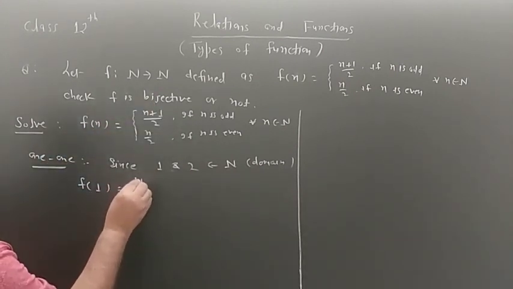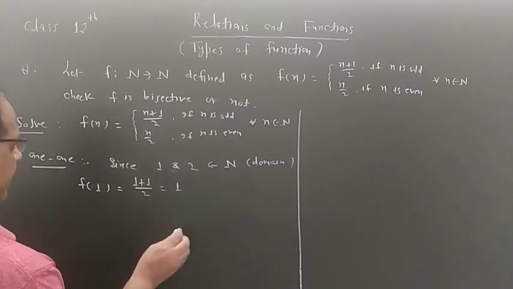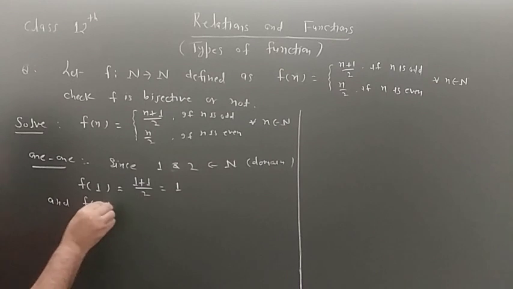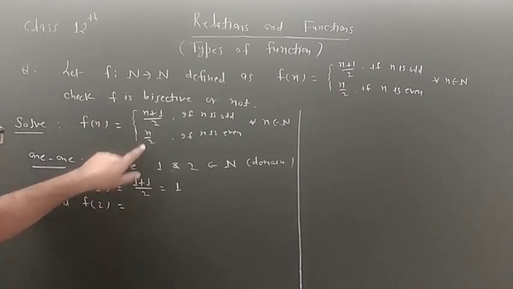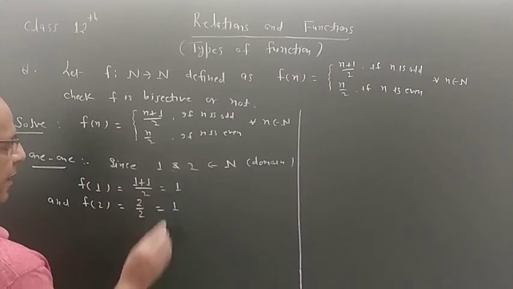So (1 plus 1) upon 2 equal to 1. And f(2): 2 is an even number, so we take this definition. f(2) equal to 2 upon 2, again equal to 1.